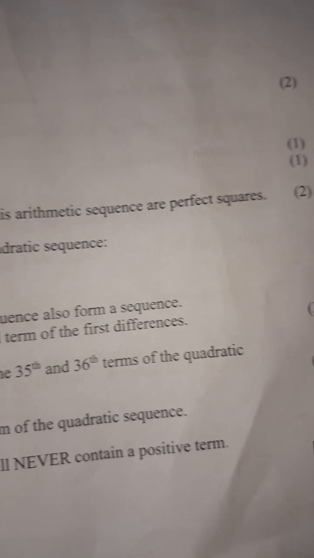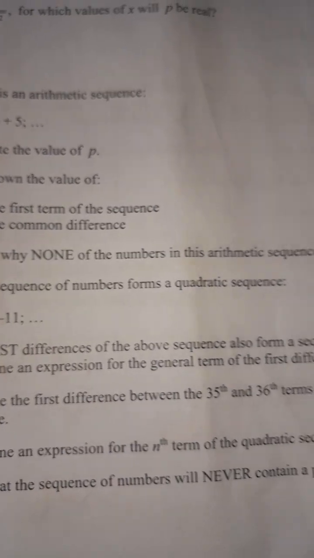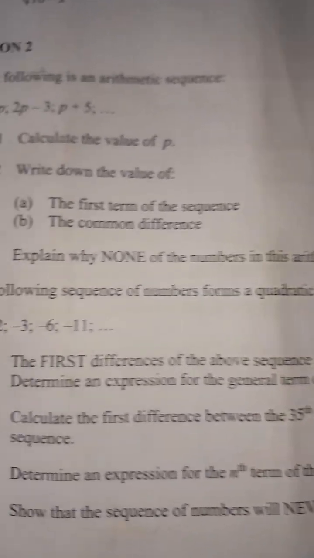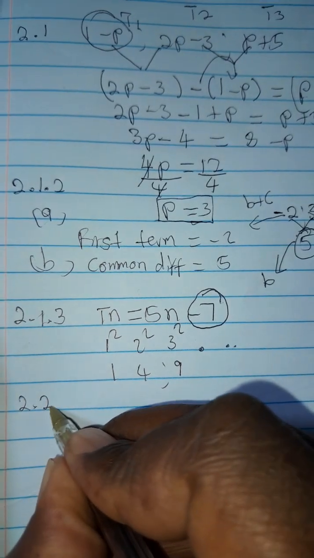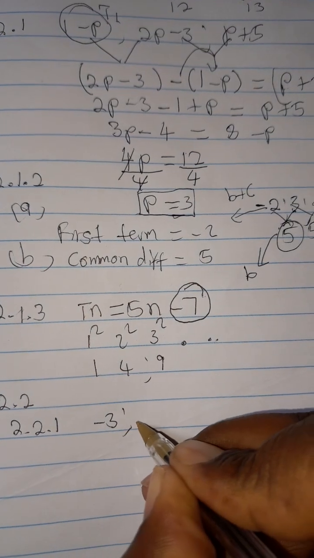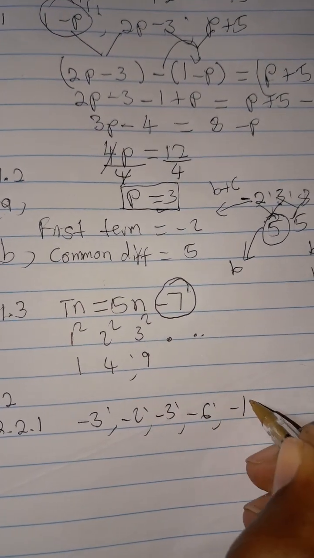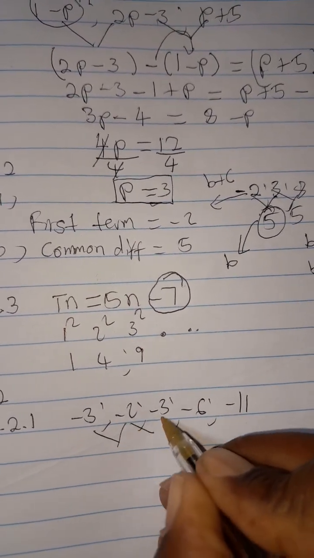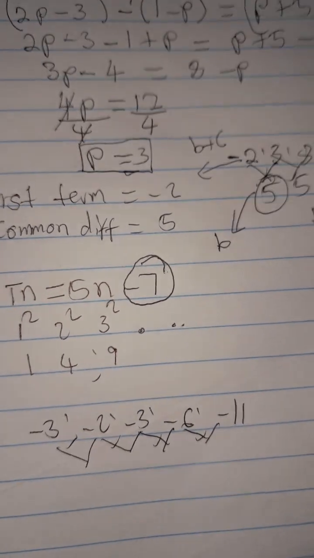How many marks is that? We need to find the expression or the general term of the first difference. So let's put this into practice. We have 2.2 and 2.2.1. Remember that this is negative 3, negative 2, negative 3, negative 6, negative 11. Let's find the differences.